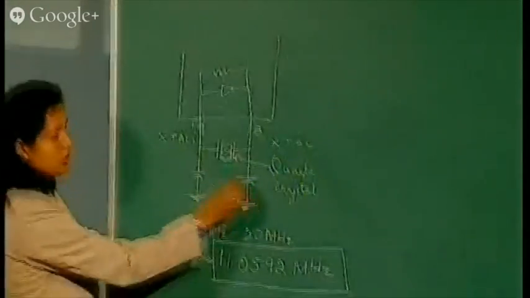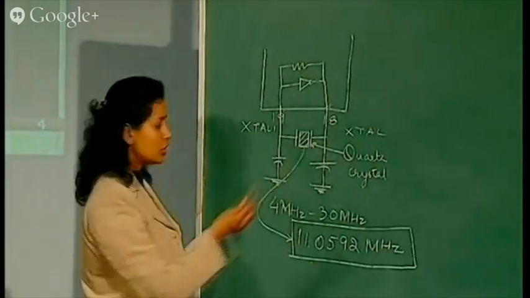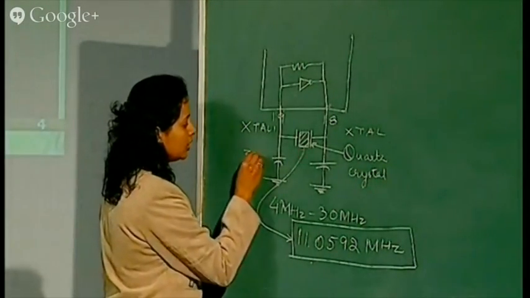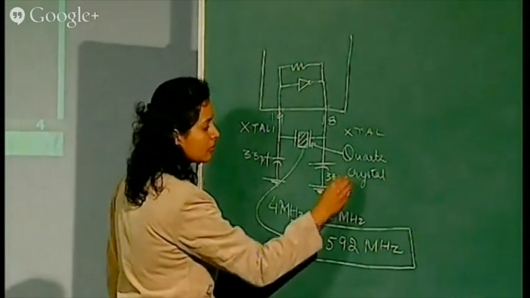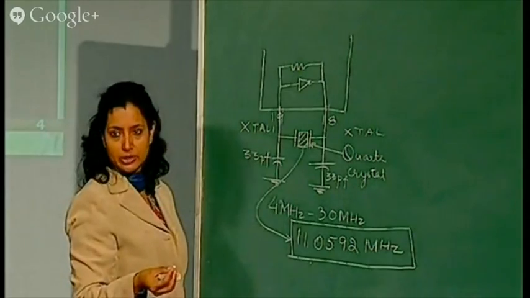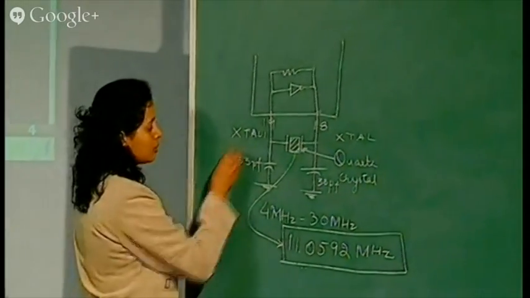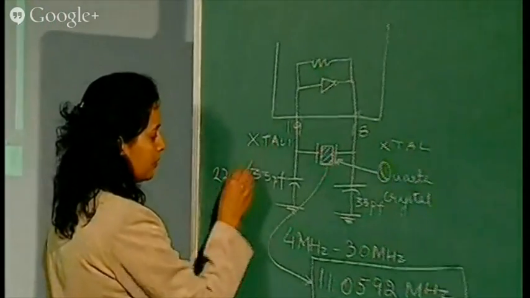Now the question is, why do we require these two capacitors, as you can see here? See, there are two capacitors here. The values mostly used are 33 picofarad. In case you don't get 33 picofarad in the market, you can also take 22 picofarad.